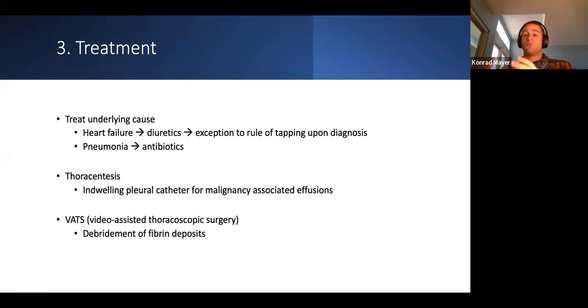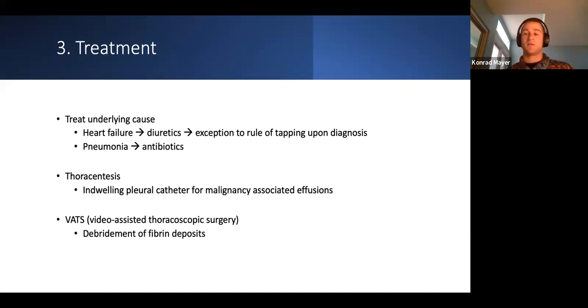This will be a 1, maybe 2 time thoracentesis with which we can treat this pleural effusion. But there are other causes, for example, malignancy, that can cause ongoing pleural effusion creation. And so these patients sometimes have an indwelling pleural catheter, which you can tap.